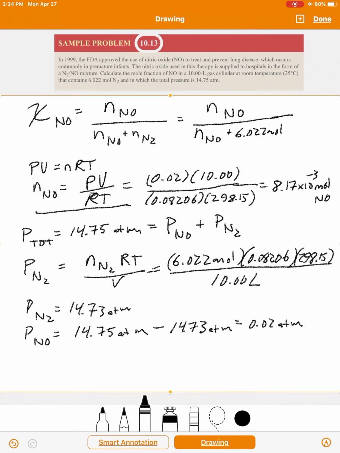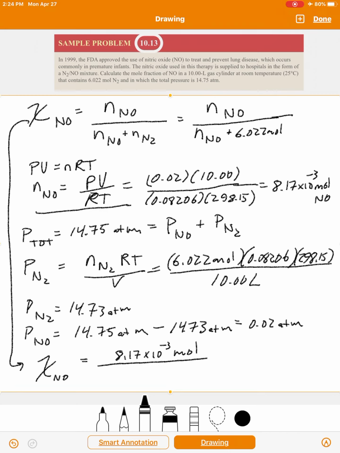So now to find the mole fraction, it would be the moles of NO divided by the total number of moles.